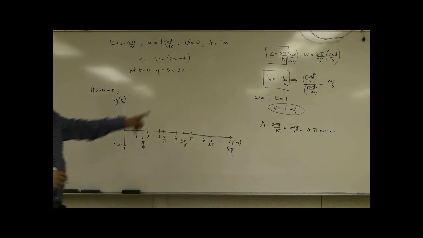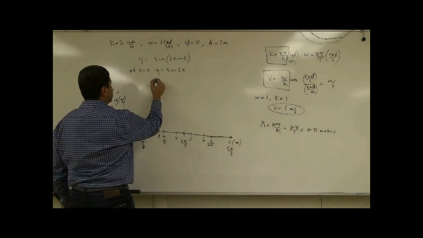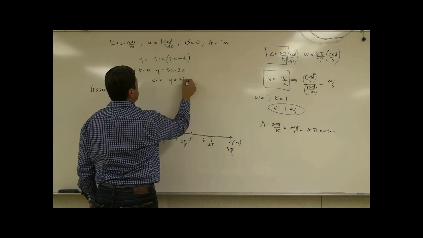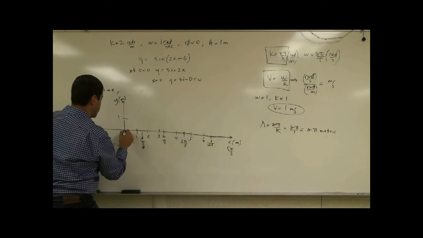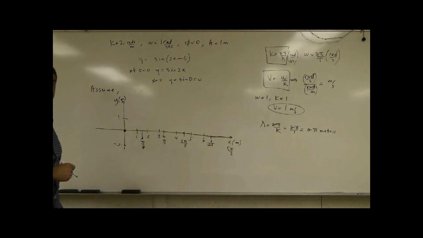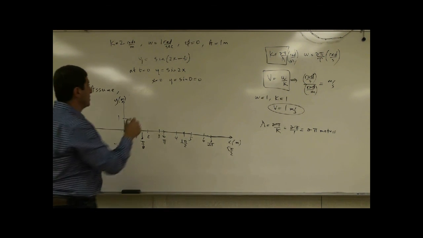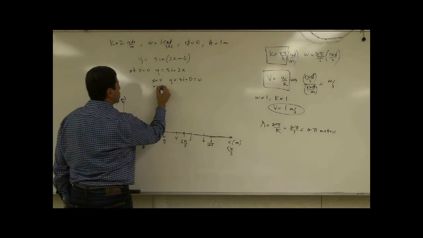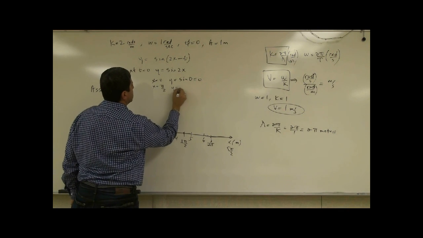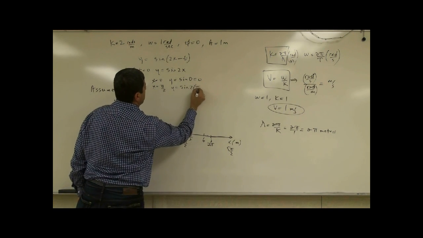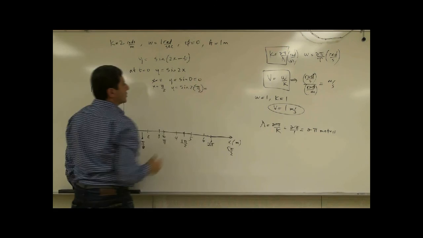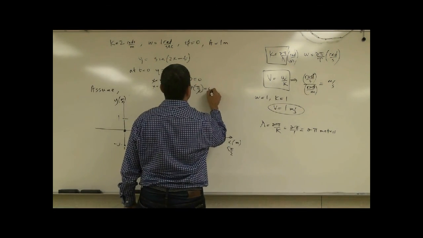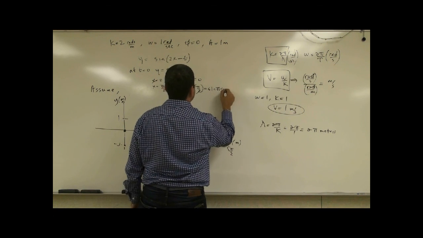When x is 0, y is going to be sine of 0, which is just 0. So it's also going to start at the origin. When x is equal to pi over 2, y is sine of 2 times pi over 2, which means sine of pi. The 2's cancel, which means 0.